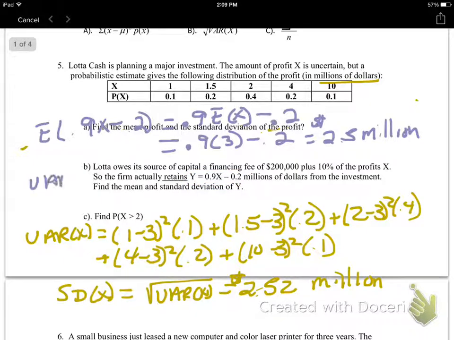The variance of 0.9x minus 0.2 is equal to 0.9 squared times the variance of x. And that's it, because remember the constant goes away. All right, so 0.9 squared is 0.81. Now my standard deviation, I got 0.252.